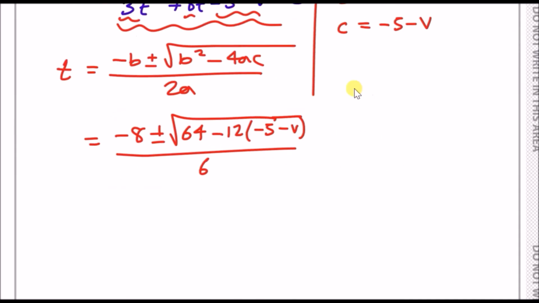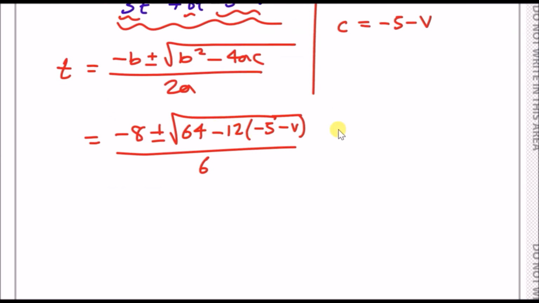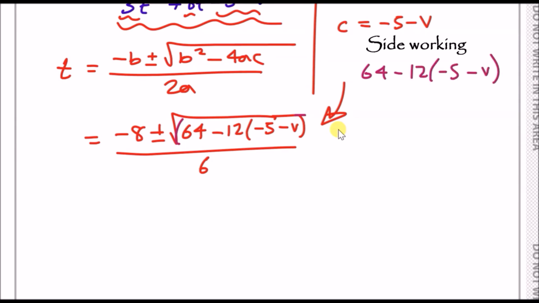We're actually nearly there. Now let's go ahead and tidy up the square root sign for a second, yeah? So I'm going to just work outside. So just pulling all of this bit outside, we got 64 minus 12 times minus 5 minus v. Just expanding the bracket, you can get 64 minus 12 times minus 5, which is plus 60.